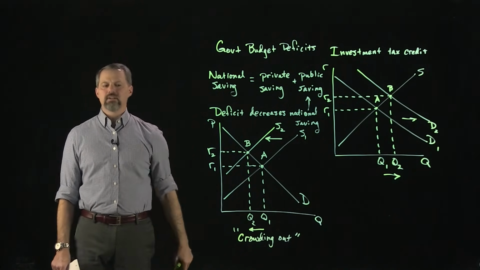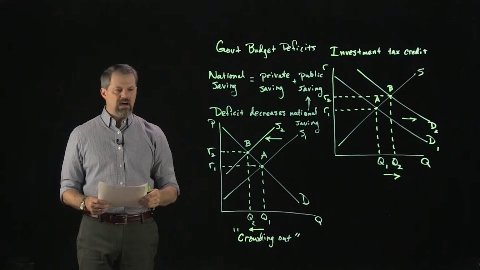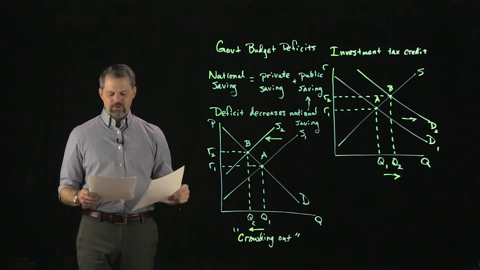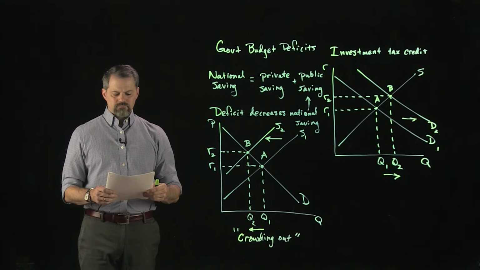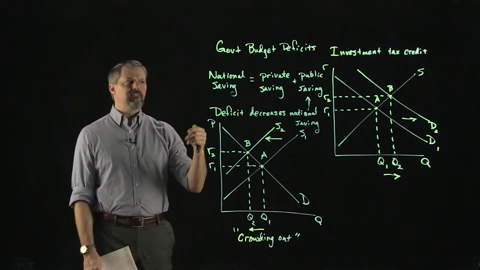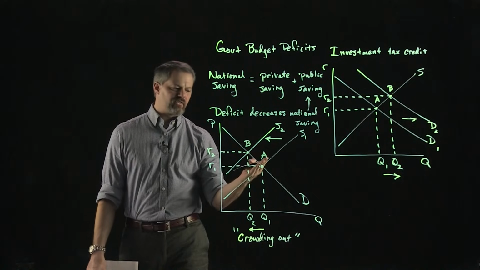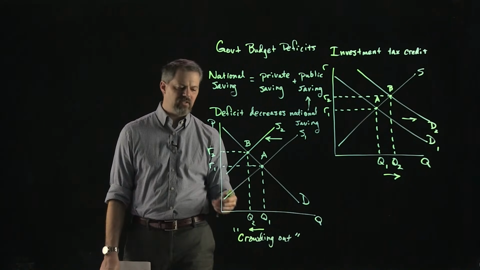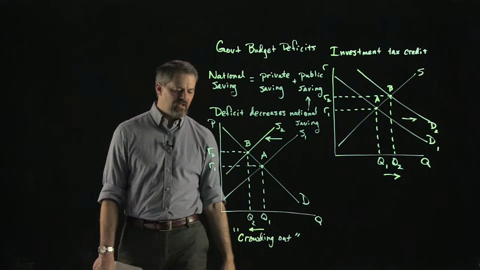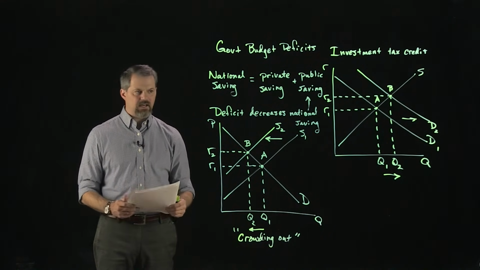And all other things equal, we would expect that to have a negative impact on the amount of growth in the future. If we think about what effect a budget surplus would have, well, it would be the opposite. A budget surplus would increase national saving, drive down the interest rate, drive up the amount of saving and investment that takes place in the economy.